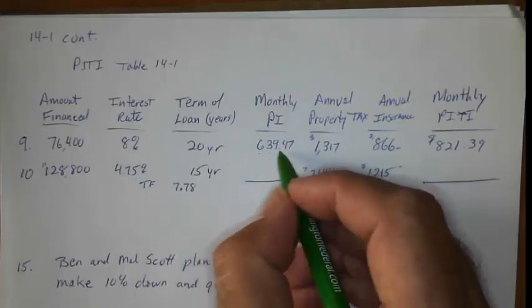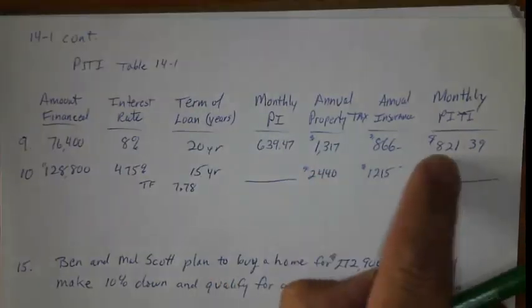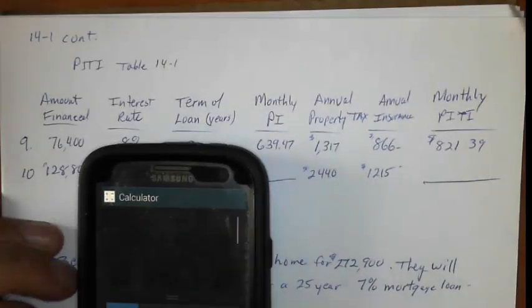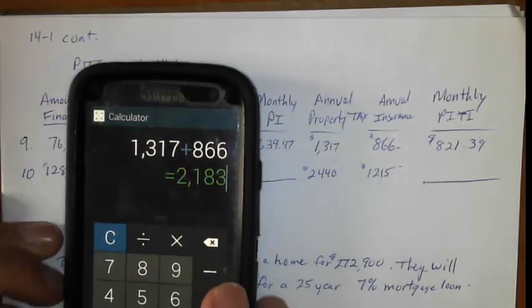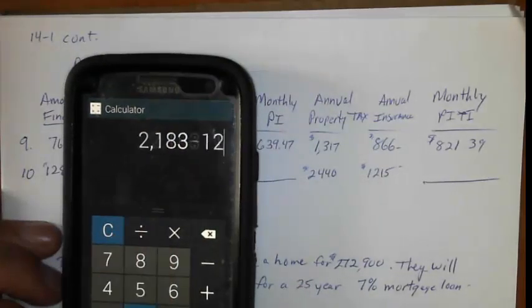Okay, they've already done that math for you. So how did they get this number? Well, they added your property taxes and your insurance, and they divided it by 12 because each month.